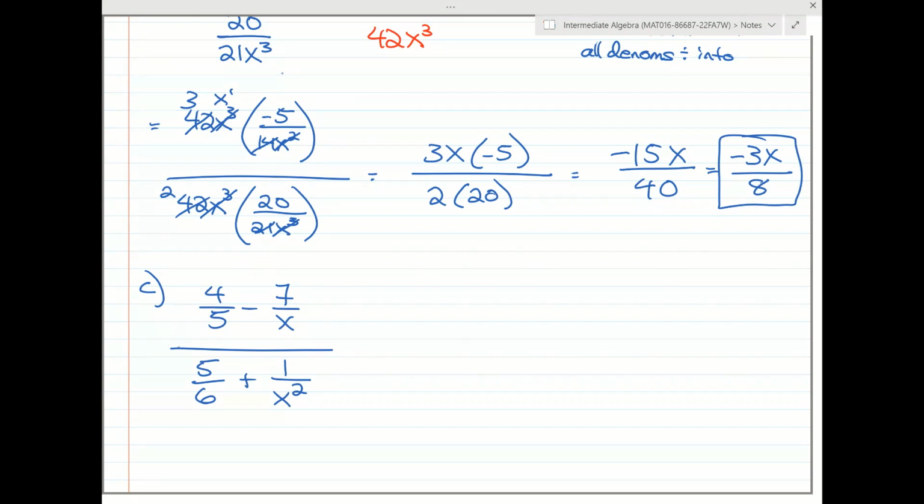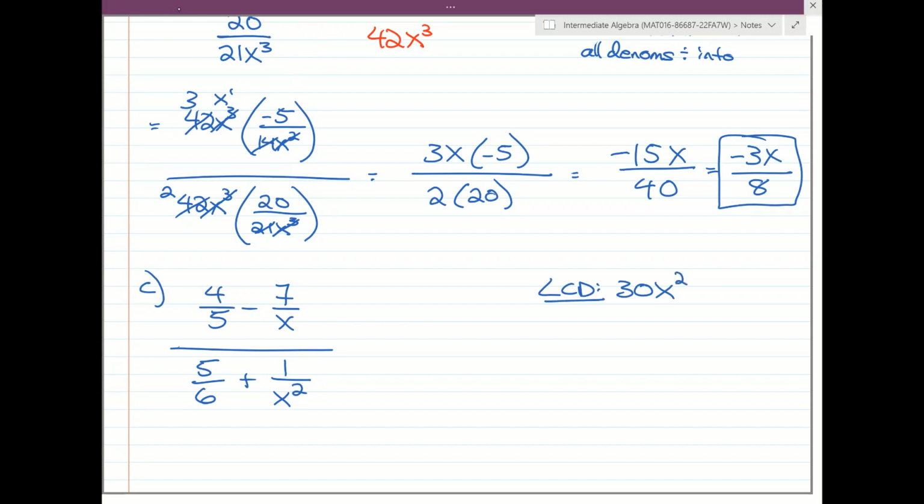Now we're looking at all of the denominators. So that means 5, x, 6, and x squared. So the LCD here between 5 and 6 is 30. Between x and x squared is x squared. And what we're going to do is multiply that times the entire top and the entire bottom.